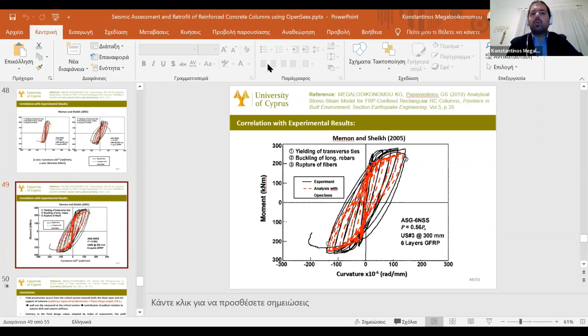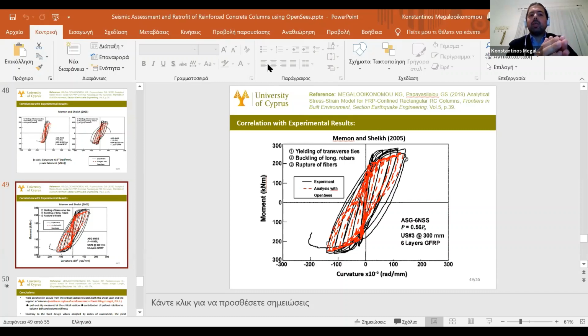Actually, I would like to tell you something about that. If you see the response of the as-built column, for example, of the rectangular FRP, of the square FRP confined columns, if you see it without the FRP jacket, you will see a very brittle response because of the very poor spacing of the transverse reinforcement.